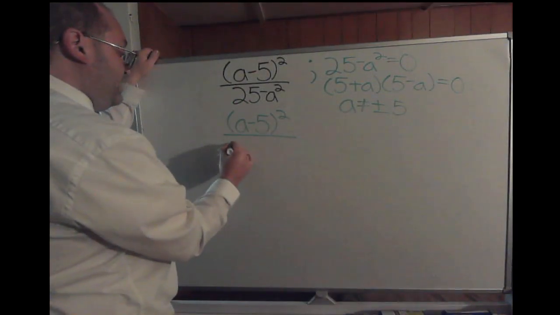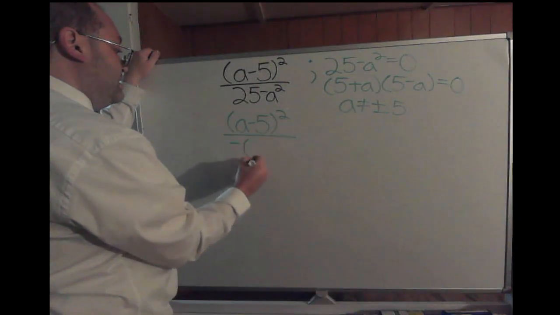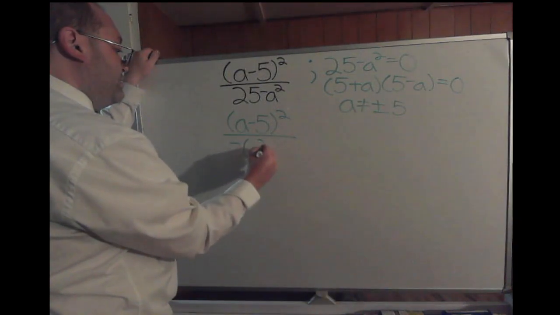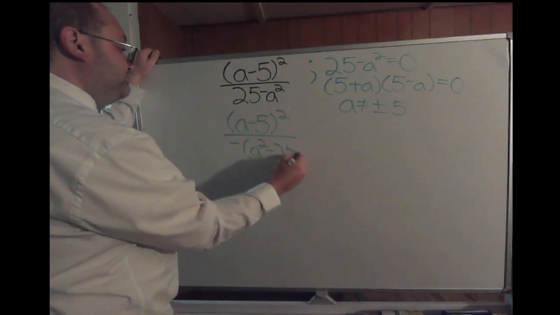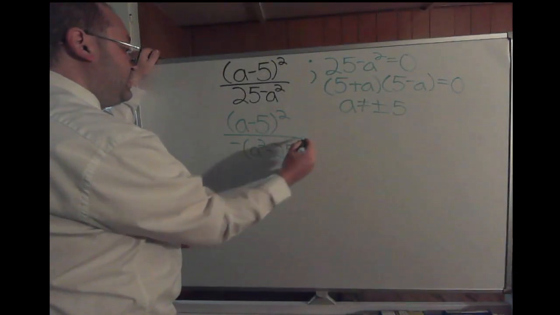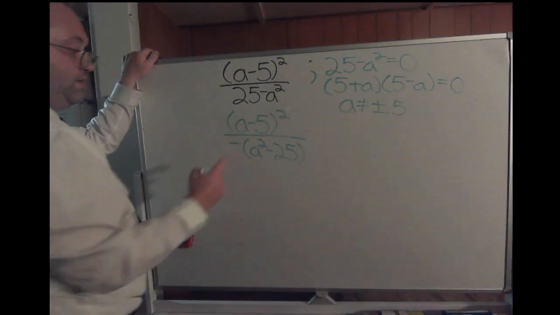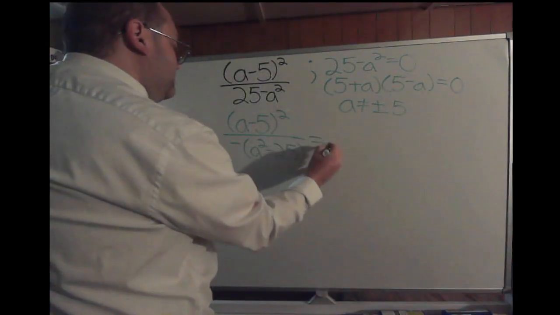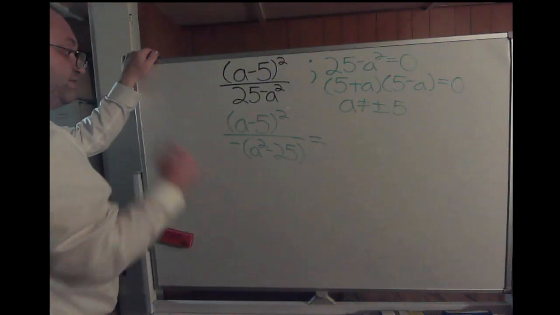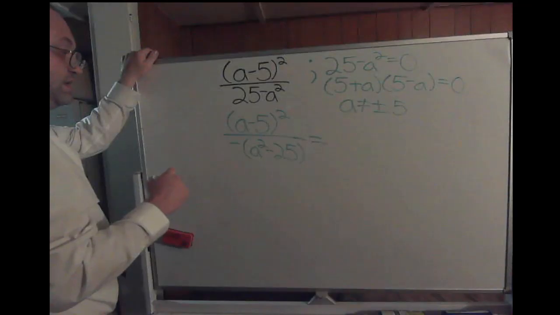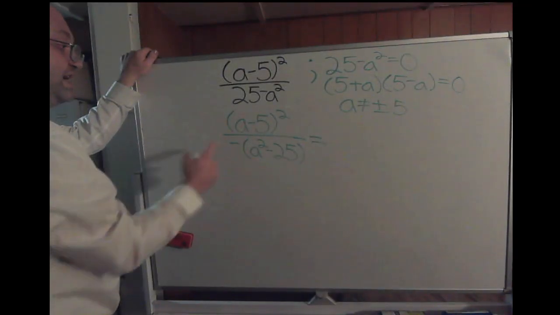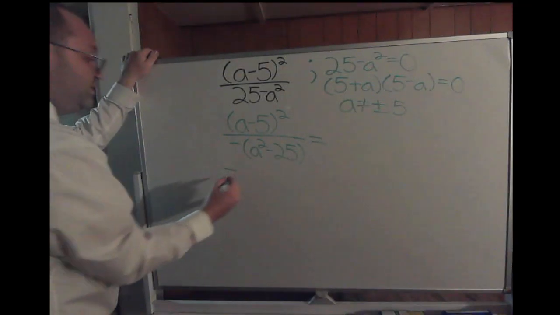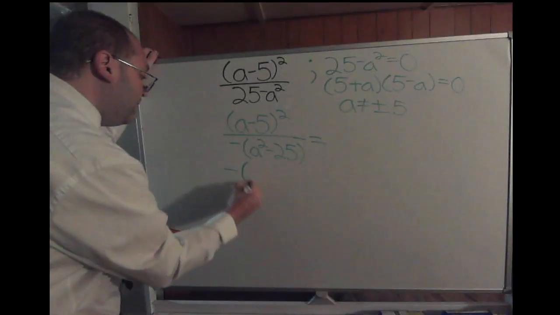We can pull out a negative 1, which would give you negative of the quantity of a squared minus 25 in the denominator. The a squared minus 25 definitely factors out. First, let's move that negative sign to the numerator. It's always good to get it out of the denominator.